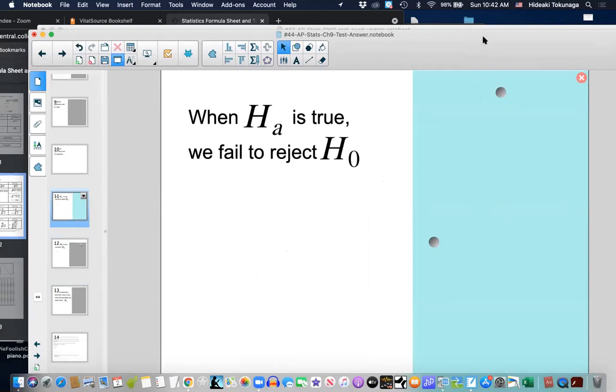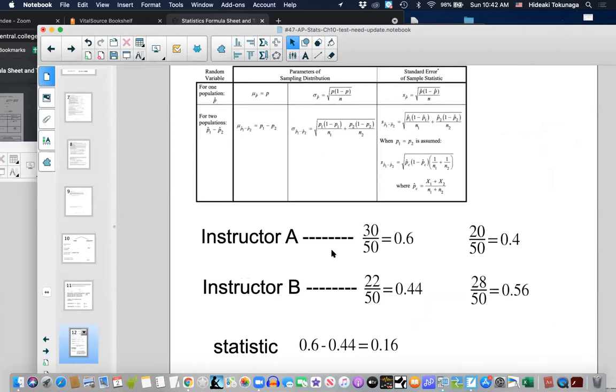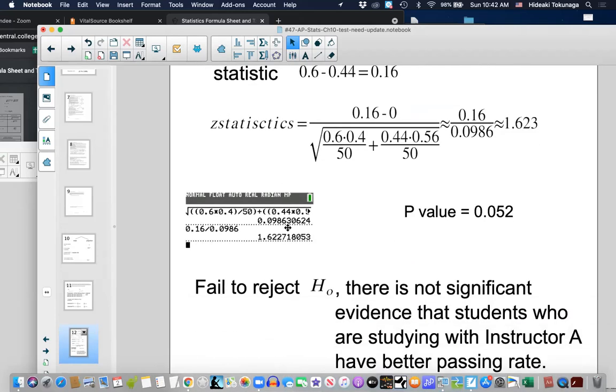Which means studying with instructor A gives a better result for the students. However, in the hypothesis test, there is not significant evidence that the students studying with instructor A have a better passing rate, when we compare the p-value.